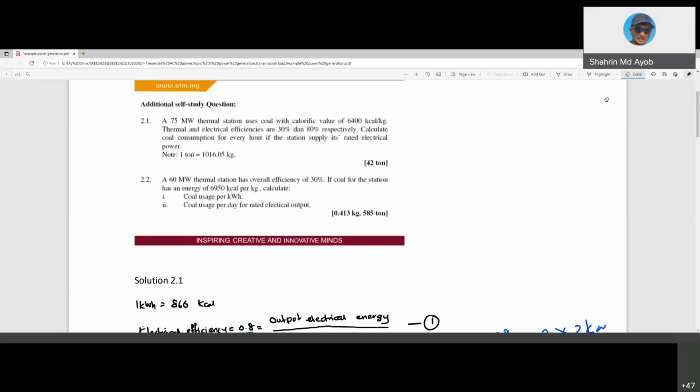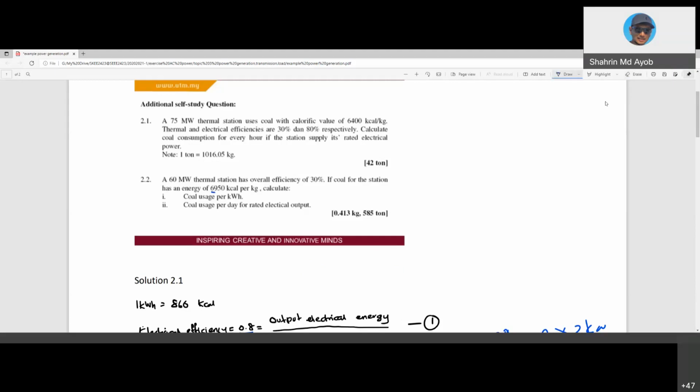Okay, so a 60 megawatt thermal station has an overall efficiency, meaning that you have electrical and thermal combined, so the overall is 30%. If the coal for the station has an energy of 6,950 calorie per kilogram, actually this value is not fixed.